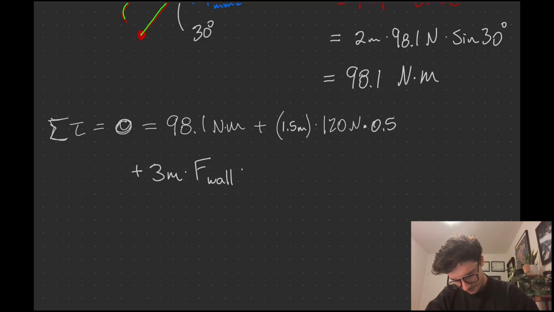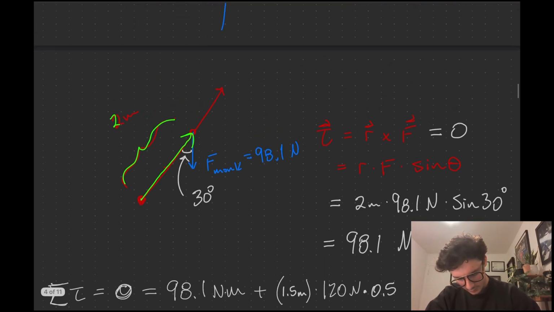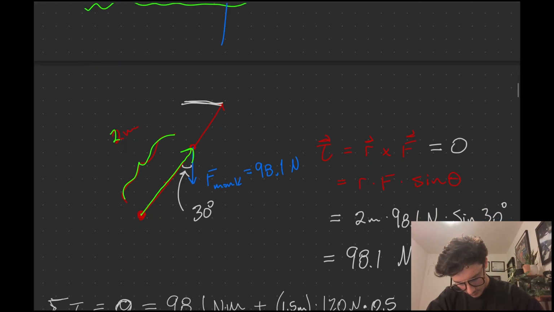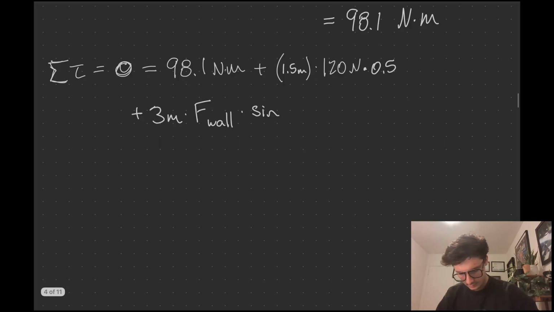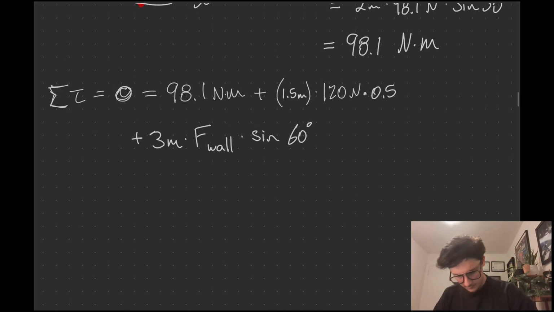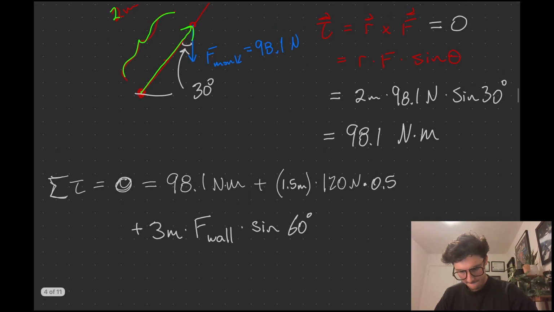Times sine of the angle between the force of the wall. So this is force of wall. What is this angle? Is it going to be the same as this angle? Yeah, this is 60. Sine of 60. Yeah, I think this makes sense.